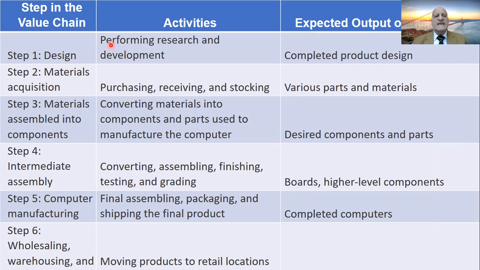As you will see now in this table, the left column represents the step in the value chain. Then activities, and the last column represents the expected output of activities.